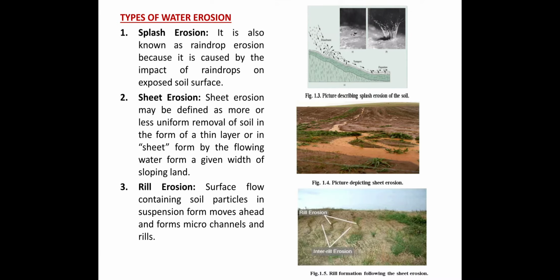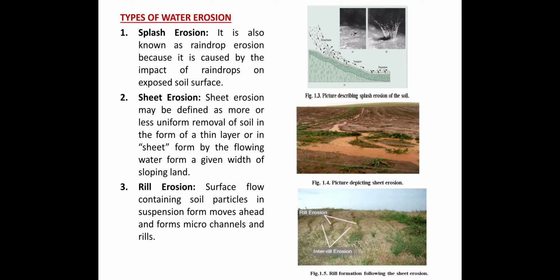Then the next type of water erosion is the rill erosion. This surface flow containing soil particles in suspension moves ahead and forms micro channels and rills.